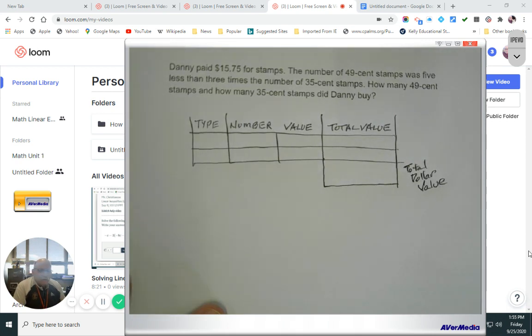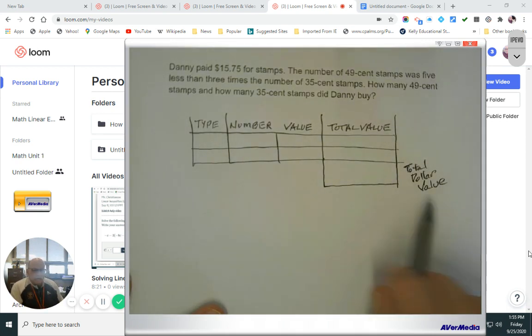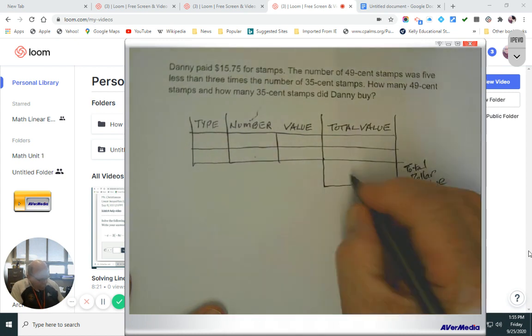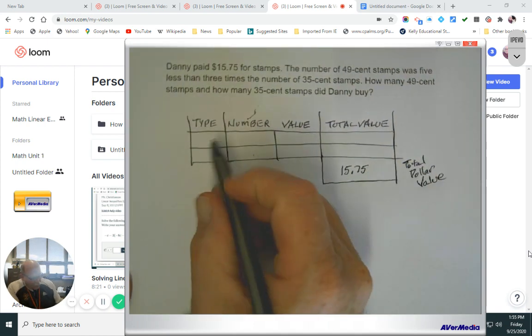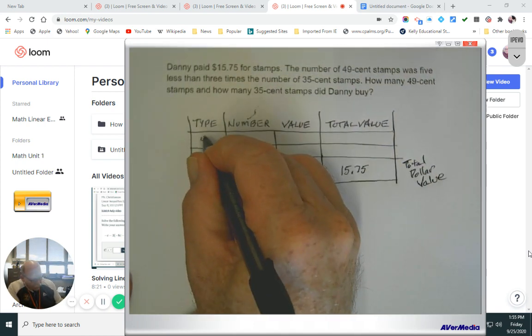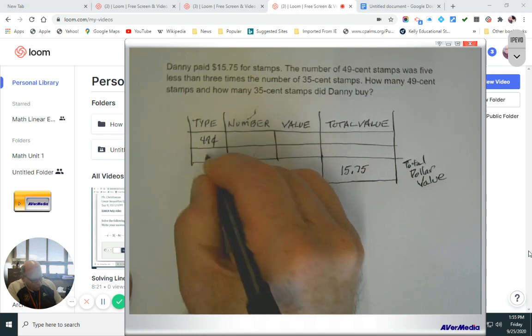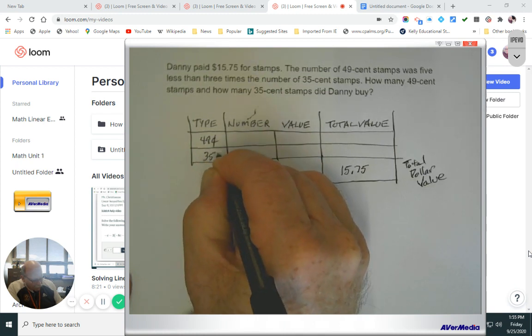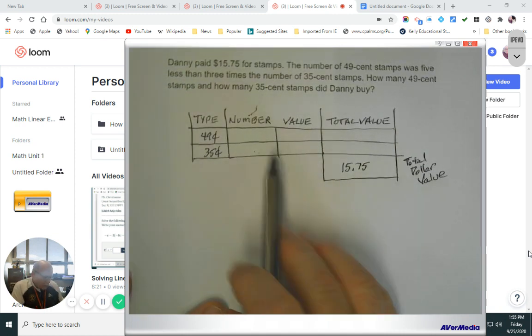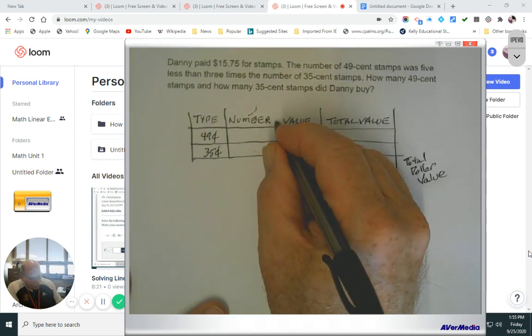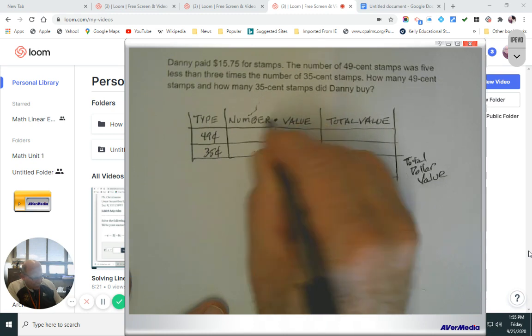Now, we know what that number is. It's $15.75, so we might as well throw that in there right now. And for the type, we're looking for 49-cent and 35-cent stamps. What we're looking for here, and I left this open because we're going to multiply those together to get this.